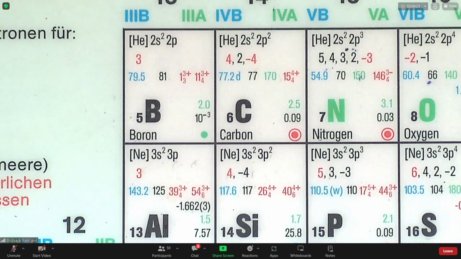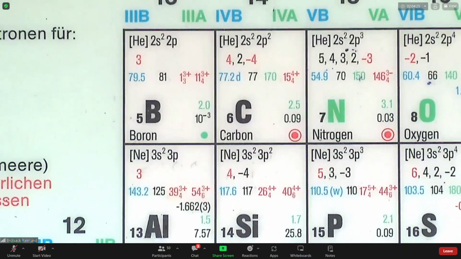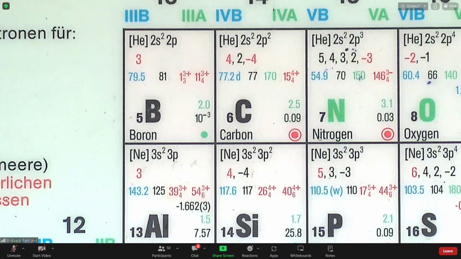And there are a lot of things to reduce NOx. Do you know how this is done in the car? Again? Yeah, with what? What do we add? Yeah, but for the NOx reduction, we have one special thing. AdBlue. Do you know what AdBlue is?